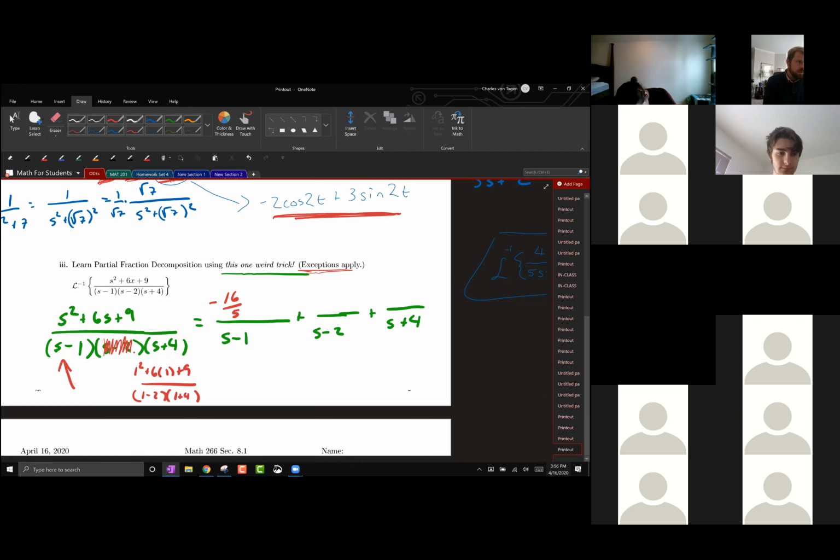So in the numerator, I get 25, and in the denominator, if we replace everything with 2, we've got 6. So we get 25 over 6, I think.